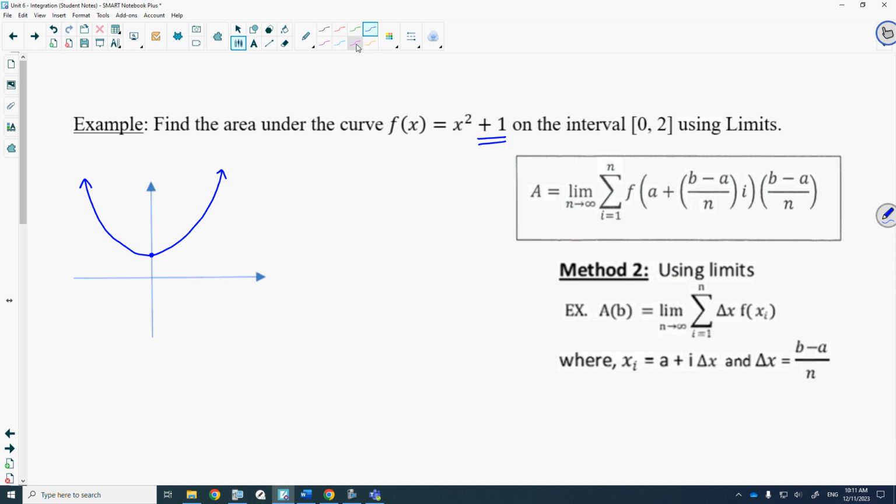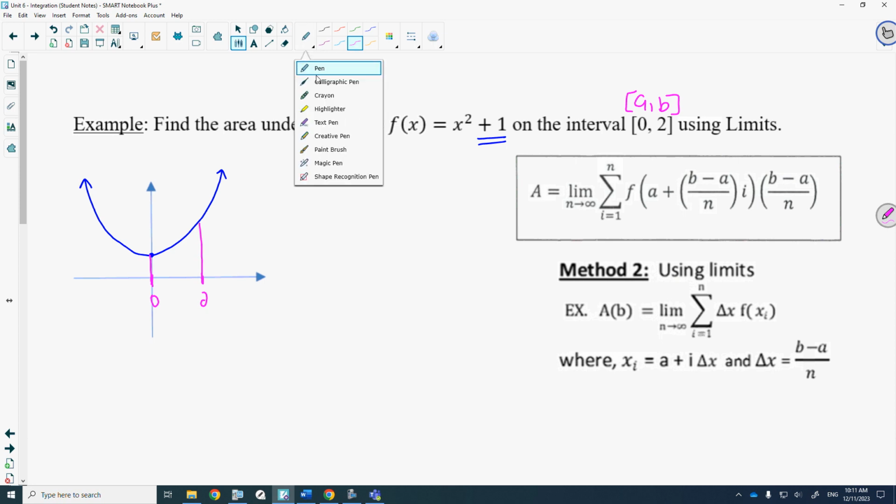They want the area from 0 to 2, so from a to b. So what we're essentially finding is we want to calculate using limits this area here. I could do that by creating rectangles.